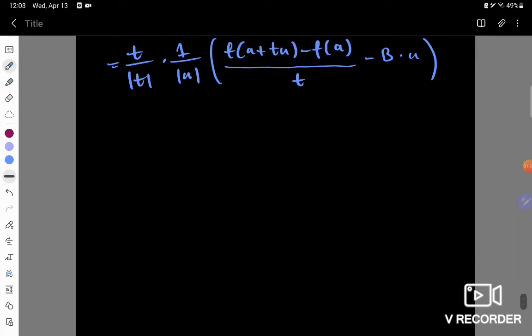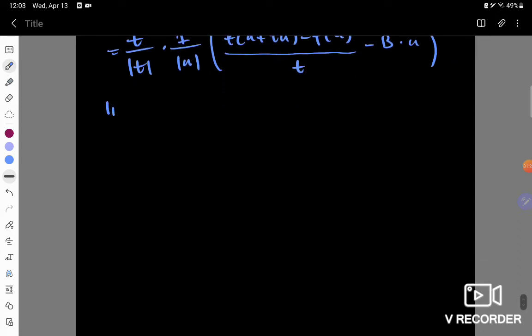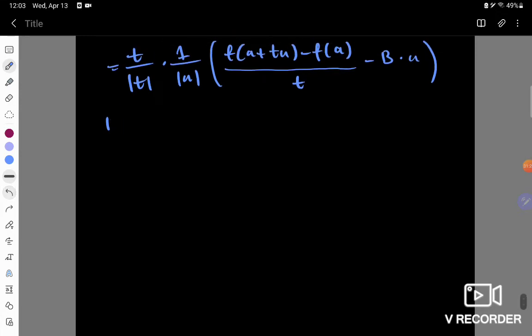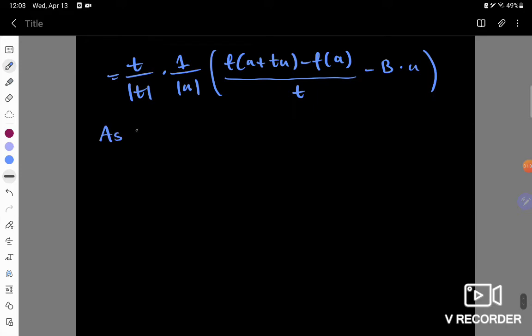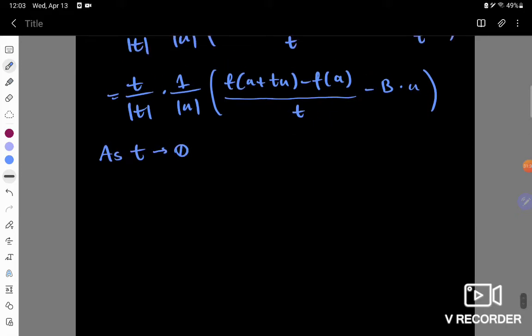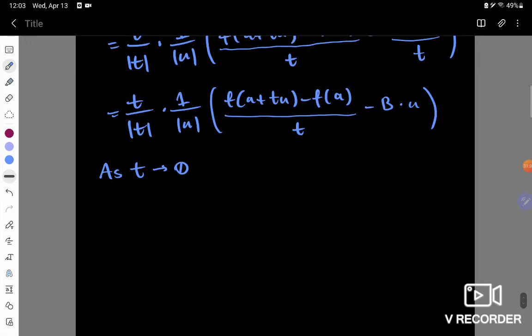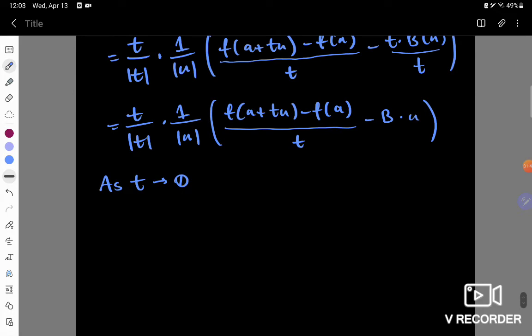Taking this limit, I'll just write this in words because I don't want to rewrite this whole term. As t goes to 0, what do we notice? We notice that as t goes to 0, this all goes to 0 as well, right? By supposition.